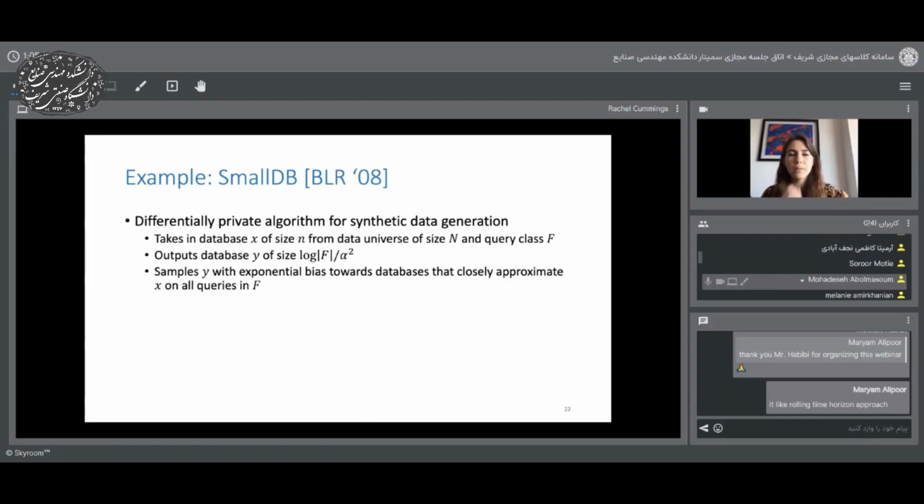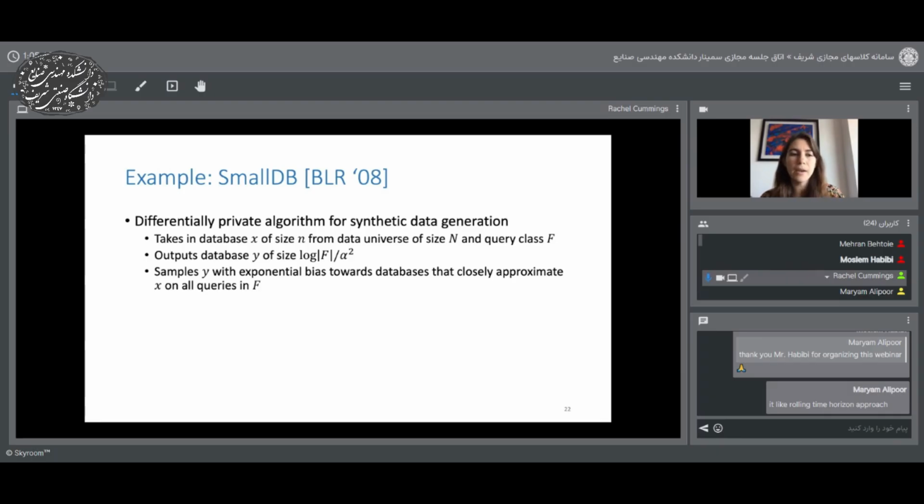This algorithm takes in a database X of size n, we have the size of our data universe, and we care about answering capital F queries correctly. This algorithm is then going to output a database Y of size log F over alpha squared, and this will cause us to have alpha beta accuracy.